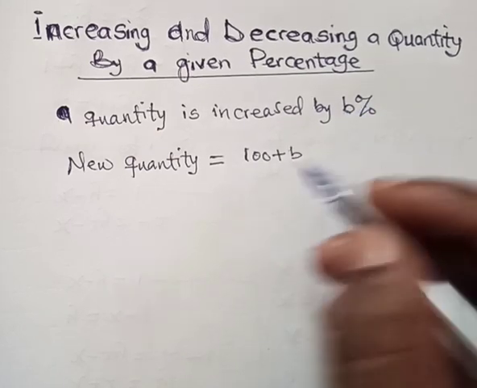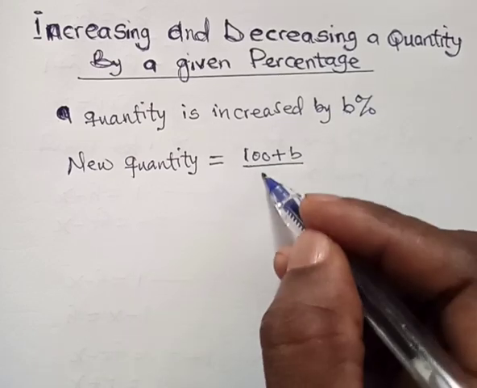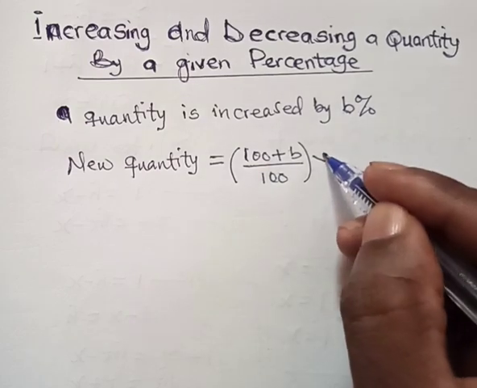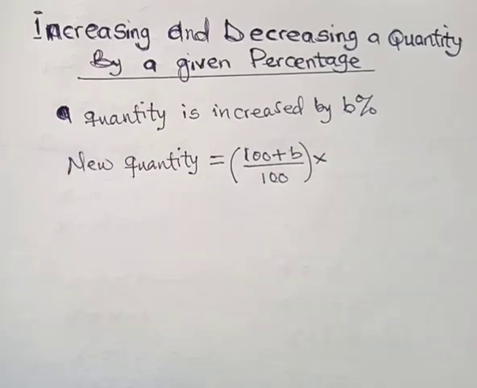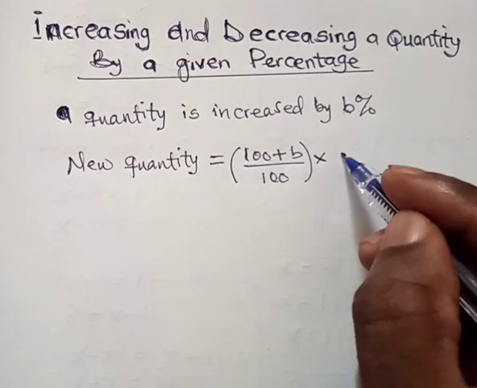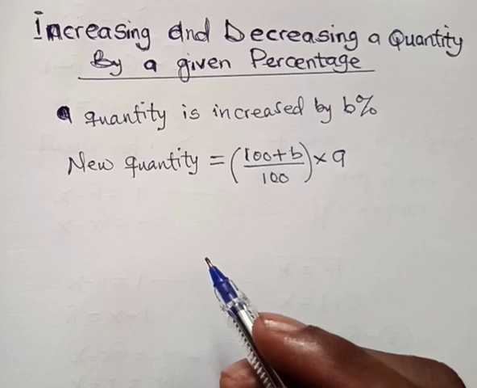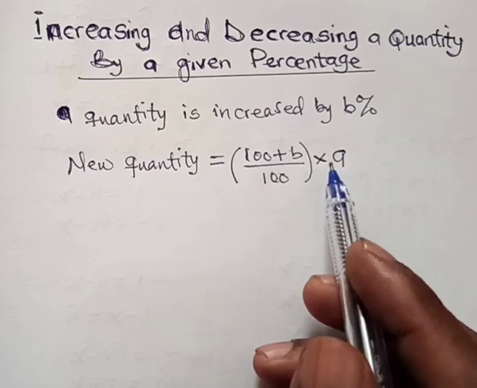We don't know the B percent, all divided by the 100 again. Then I will multiply by the original quantity given in the question, which is my A. Have you gotten the point? So this is one way.